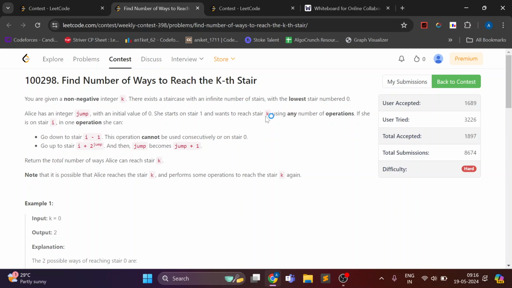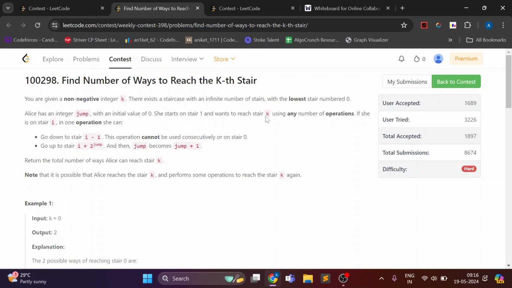We have to find the operations she can perform. There are two types of operations. First is go down one stair: if I am at the ith stair, I will go to i minus 1, and this operation cannot be used consecutively, or if Alice is at stair 0, she can't go into negative stairs.